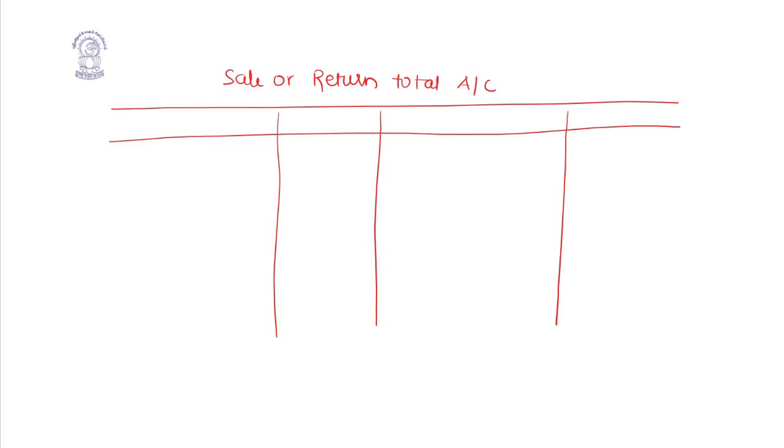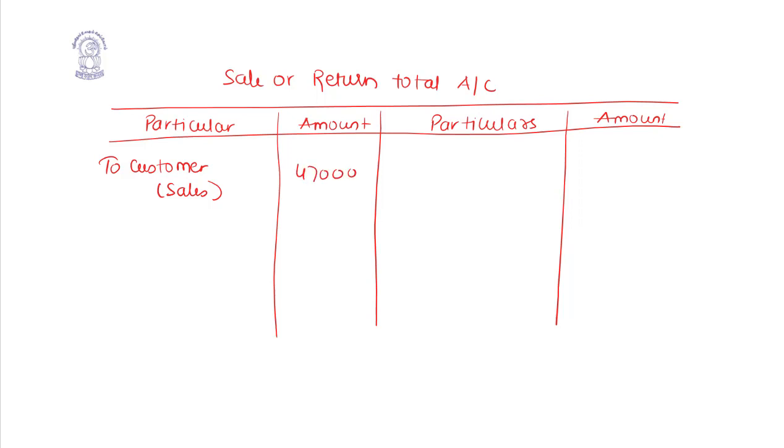This is a ledger, so the columns are particulars and amount on each side. First we will record sales: to customers, sales value is 47,000. Then returned by customers, return is 17,000.